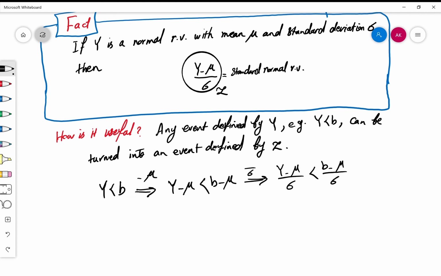You see that b was a number, mu was a number, sigma is a number, so this will give us one number. Let me call it k. And I also know that (Y minus mu) over sigma is the standard normal, so this is Z. Basically, by subtracting mu from both sides and then dividing both sides by sigma, we turn Y less than b into Z less than k for some k.